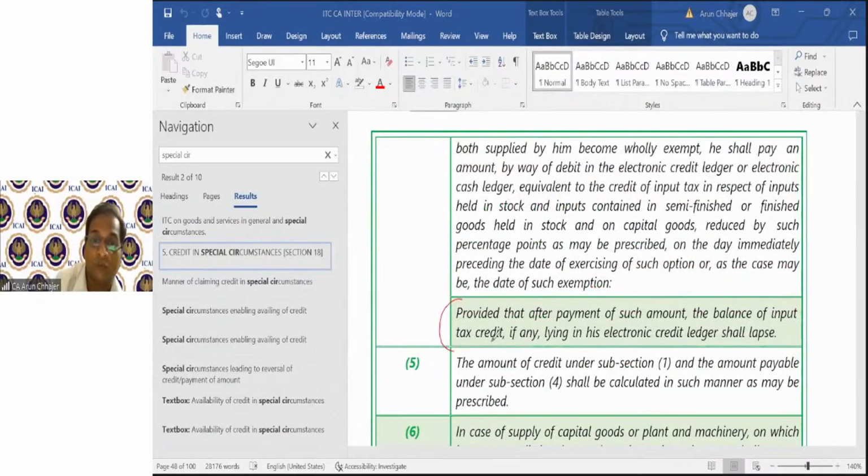Now, this was very important. They are saying after payment of such amount, if the balance of the input tax credit lying in the credit ledger, if there is any excess balance, then it will lapse.